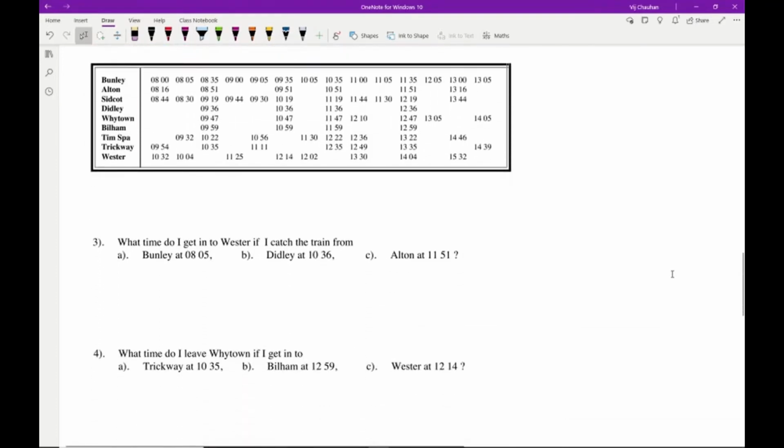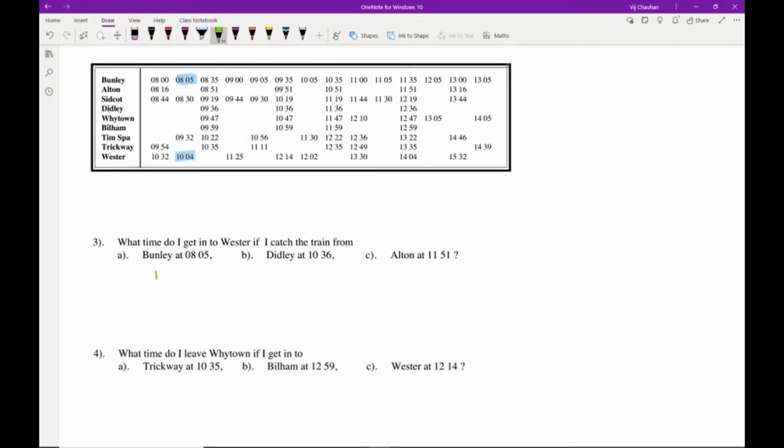So question 3, this is to do with times now. So what time do I get into Wester if I catch these particular trains? So the Burnley 8:05 train, which is this train here. So if I catch the 8:05 Burnley train, what time do I get to Wester? Well, that's going to be 10:04.